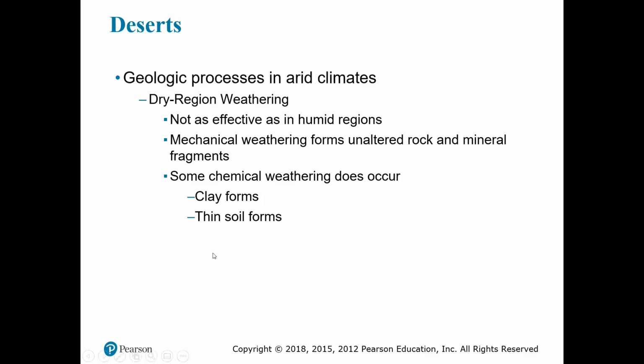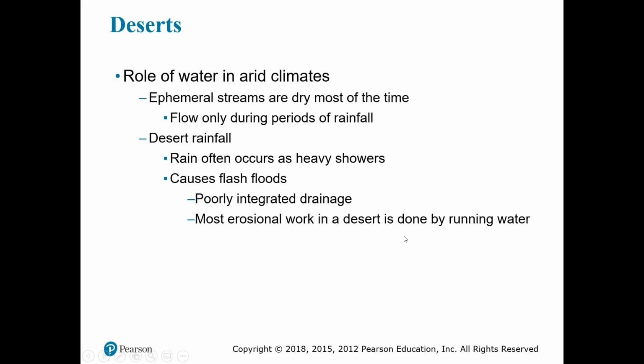We know that in deserts, we don't have as much water. We have scant precipitation, very few major rivers, but water can still play a role. We have what are called ephemeral streams. These are basically dry most of the time.